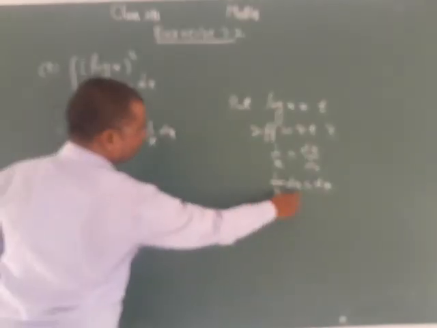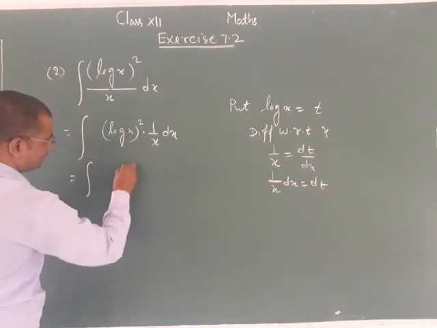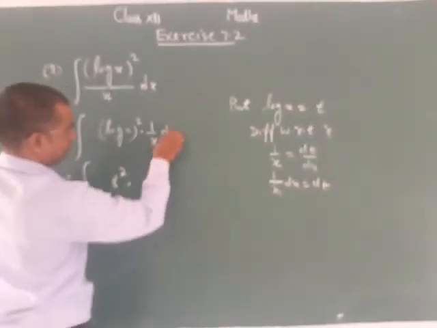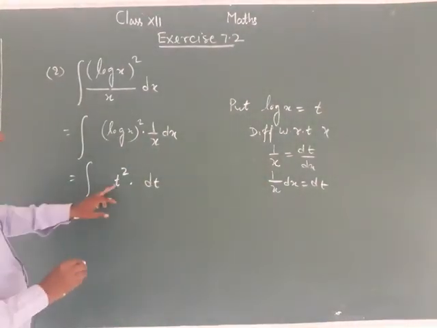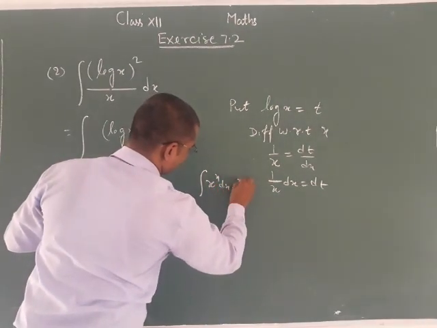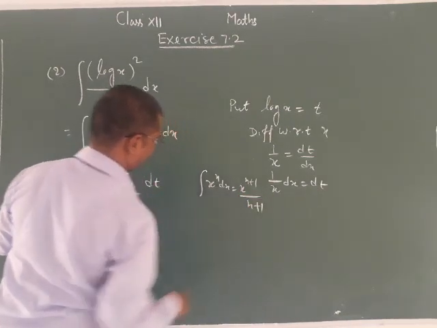Now put this value here, so we can write t square dt. Now the integration of x power n dx is equal to x power n plus 1 upon n plus 1.